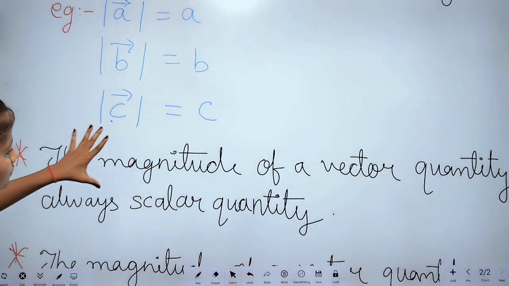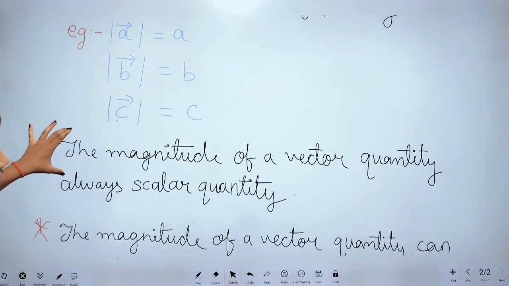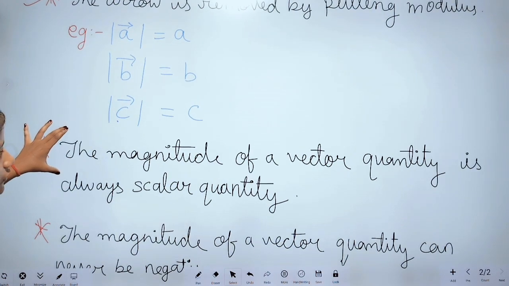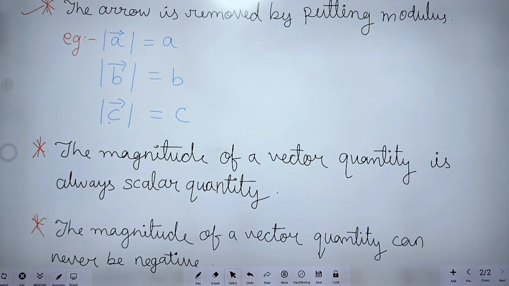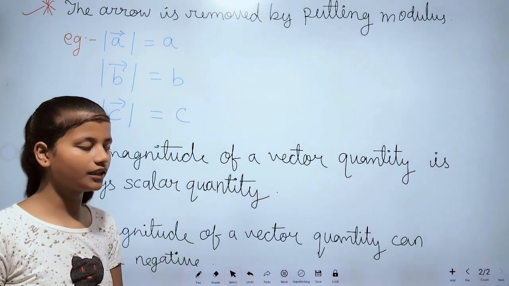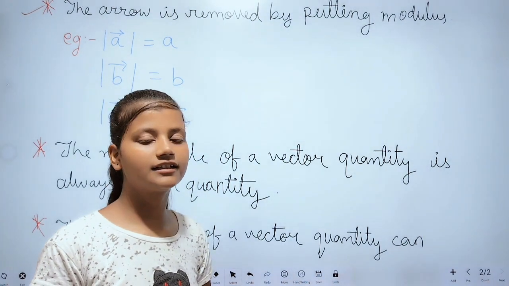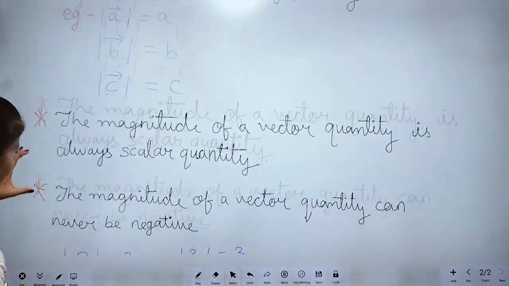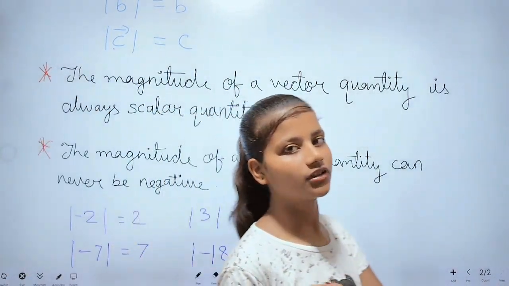But now you cannot say that this one is a vector, because in the previous video we saw that a vector quantity is represented by an arrow, by a boldface letter, by a bar over a letter. So the magnitude of a vector quantity is always a scalar quantity.